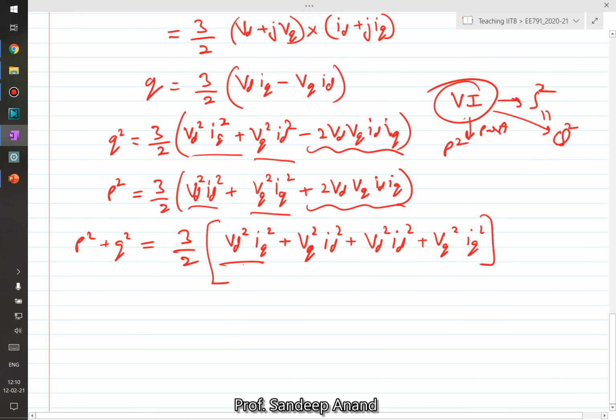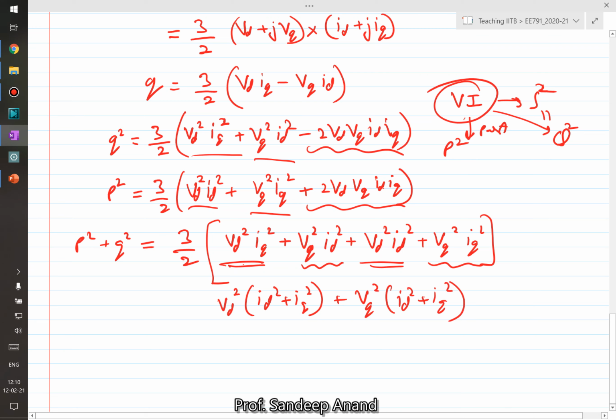We can pick the first and the third term: vd squared is common, (id squared plus iq squared), and we can take the second and the fourth term: vq squared is common, (id squared plus iq squared). You can then further simplify it and say this is nothing but (id squared plus iq squared) into (vd squared plus vq squared).